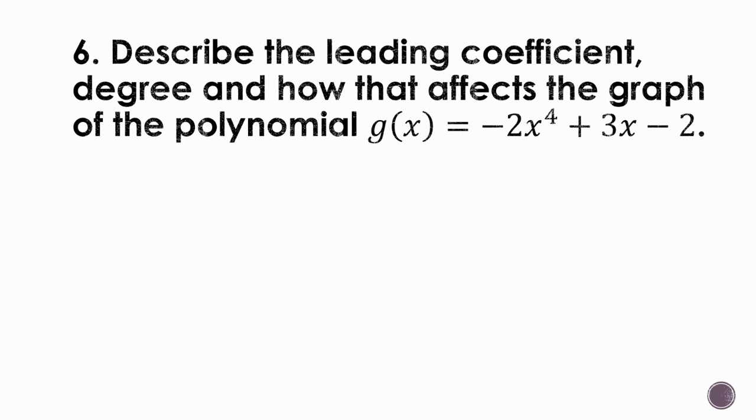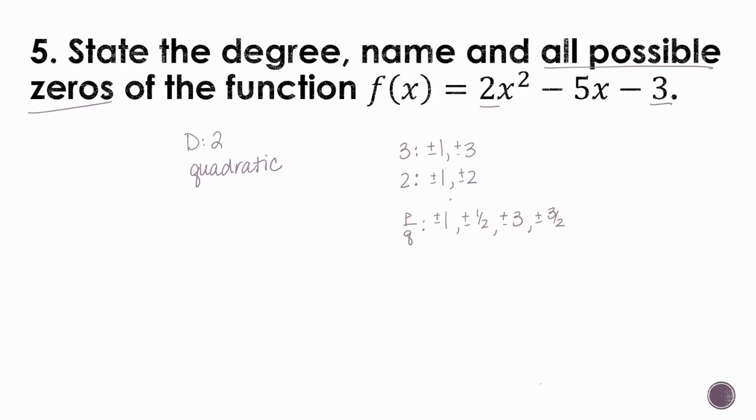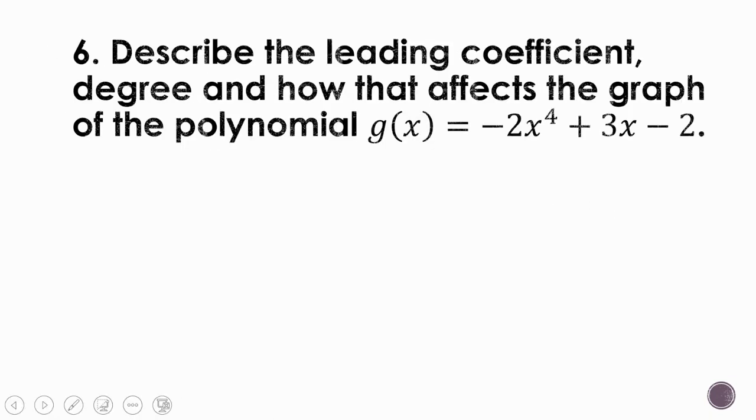Describe the leading coefficient, degree, and how that affects the graph of the polynomial. Leading coefficient on this one is a negative 2, which means that the graph is going to end down. The degree is 4, meaning that this is a quartic, so the graph ends the same way it starts.